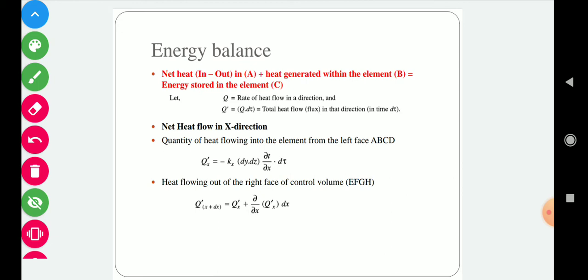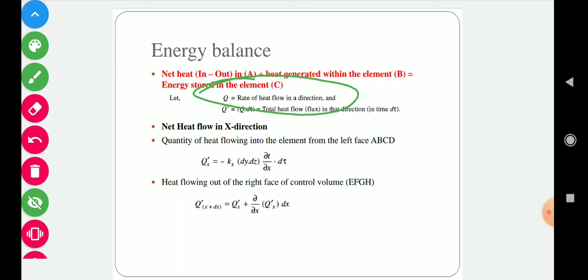Now this q is the rate of heat flow in a direction, that may be x, y, or z, any direction. If we multiply this rate by the total time, dθ, it will give you the total heat flow in that direction in time dθ, because the unit of rate is joule per second.